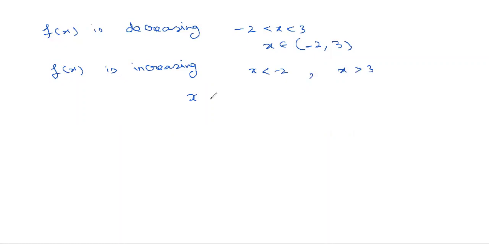This interval can also be represented as x belonging to minus infinity to minus 2 union with 3 to infinity, all in open brackets.